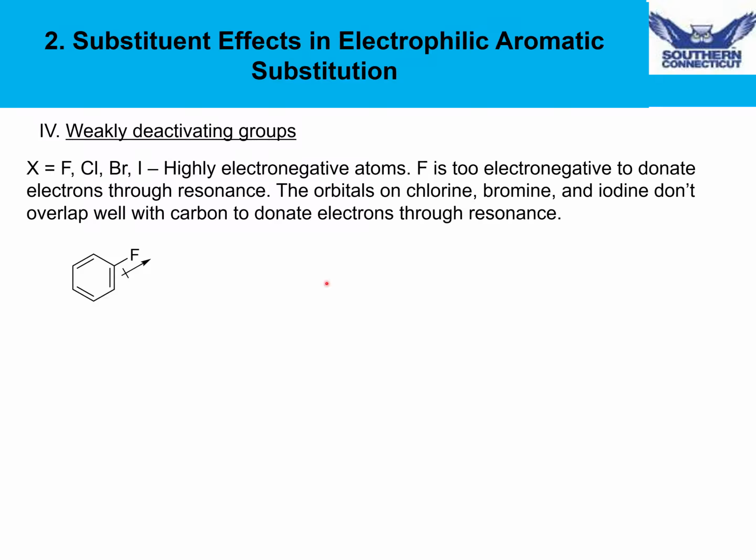So overall, the halogens, although they have lone pairs like oxygen and nitrogen, because they're more electronegative, or they are too big of an atom, they're generally not able to donate electron density into the ring as well as oxygen and nitrogen.